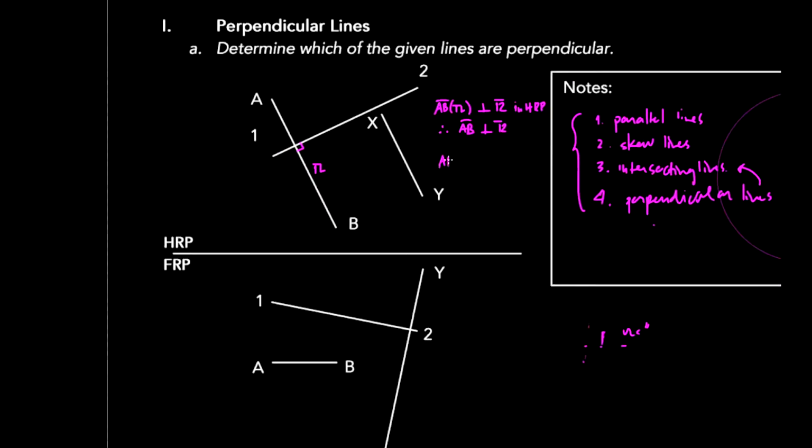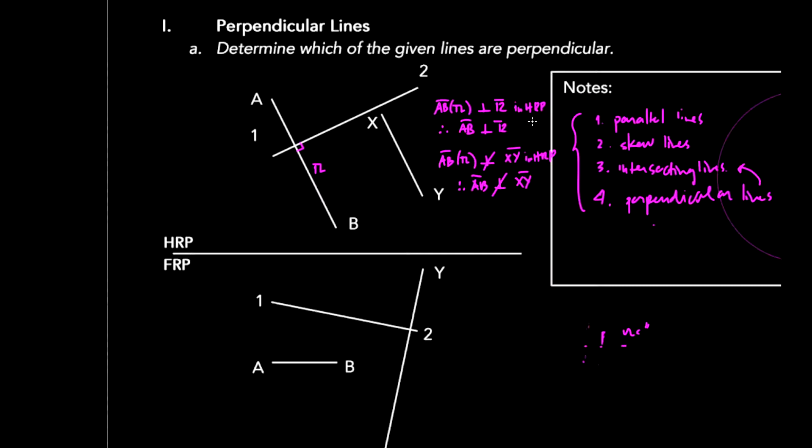So we can write it as AB in true length is not perpendicular to XY in HRP, and therefore AB is not perpendicular to XY. Okay? So pwedeng ganun yung proof natin.